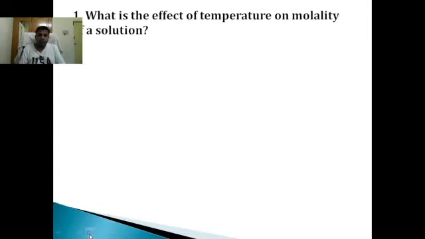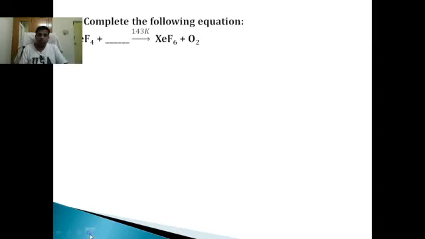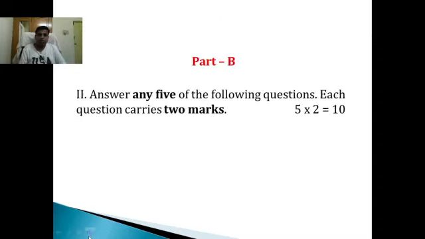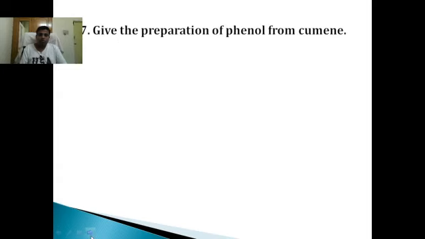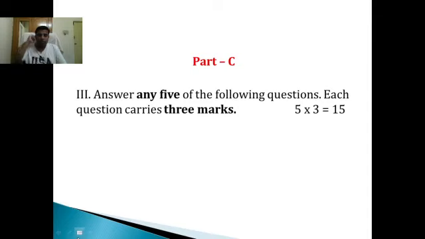We finished part A for 1 mark wherein we solved 10 questions. We finished part B also for 2 marks wherein we solved 8 questions, and now in this video we will take part C. As I said, it is purely from inorganic chemistry. Again there will be 8 questions.